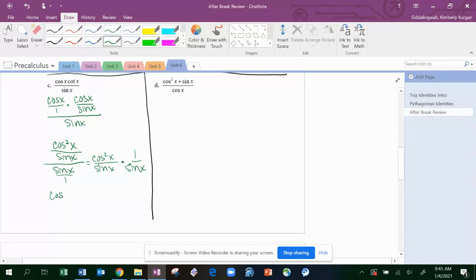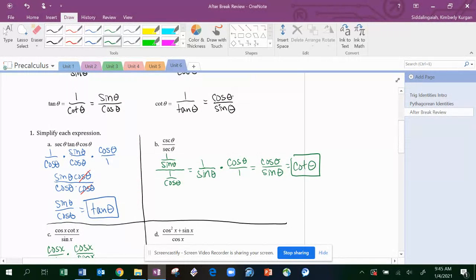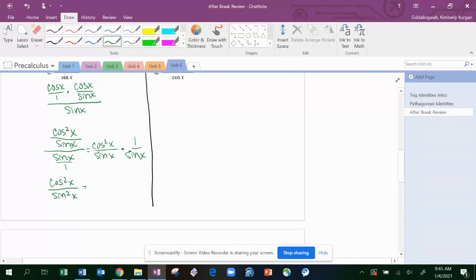So I get cosine squared x over sine squared x. Okay, so cosine over sine, I know from way up here, that's cotangent. And the squared means I just have two cotangents there. So I'm going to rewrite this as cotangent squared of x.